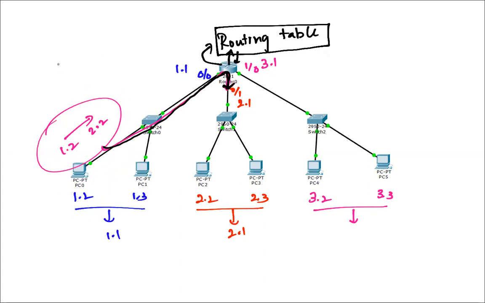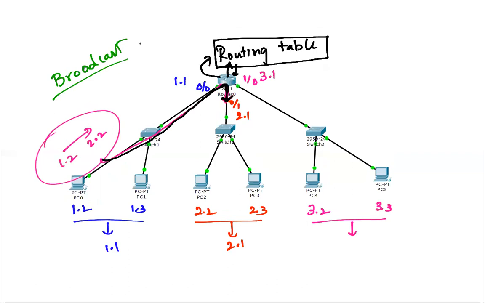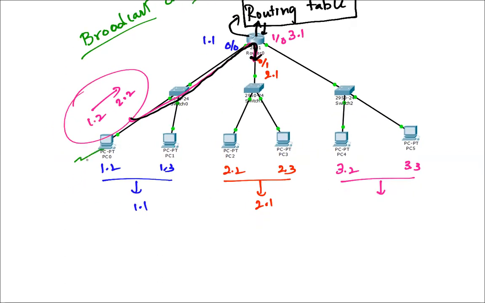On one condition: broadcast works only on the same network. From here we can ping 1.255, from here you can ping 2.255, and from here you can ping 3.255. Got the point? You can ping only your own network's broadcast IP.